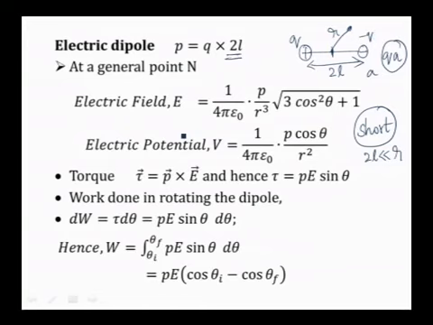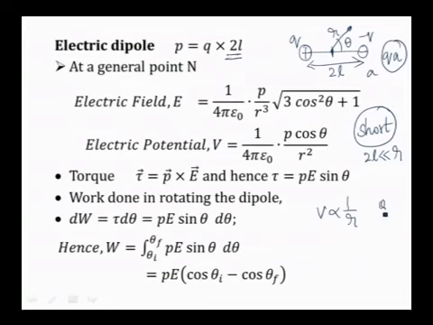So the electric field varies as 1/r³ times √(3cos²θ + 1), where this is the θ. So it depends on r and θ in this fashion, and electric potential varies as p cosθ/r².